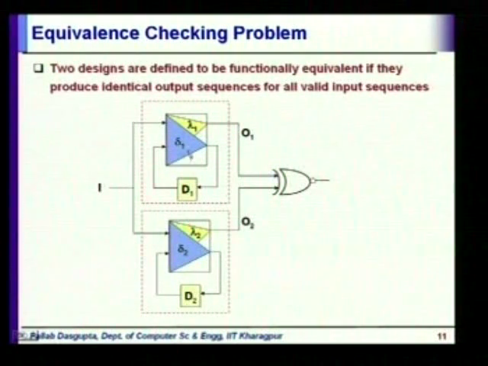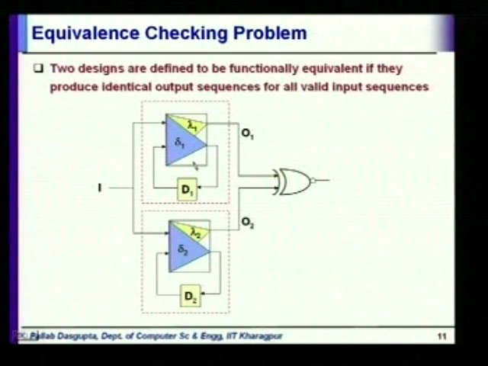Now, typically when the synthesis takes place, the set of delay elements don't get changed. You optimize the logic, but the number of flops, or the set of flops, remains the same. If that is the case, that the delay elements are not changed, then we can try to solve the problem by checking combinational equivalence between these two combinational circuits, because combinational equivalence checking is much easier than sequential equivalence checking.